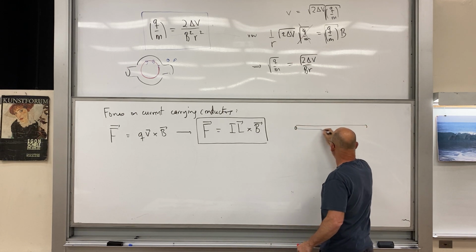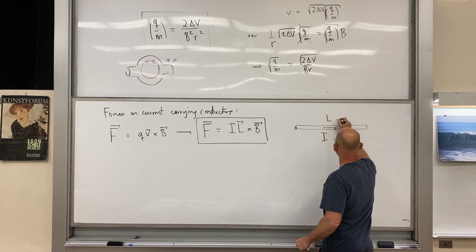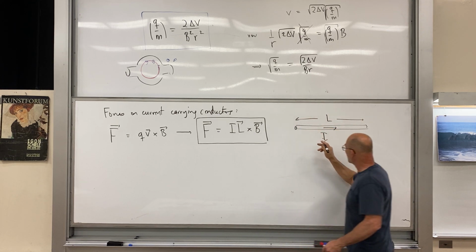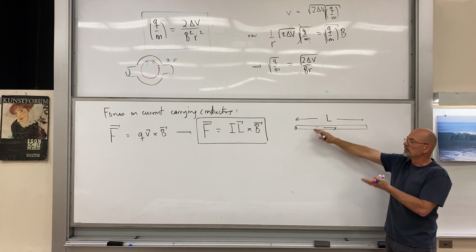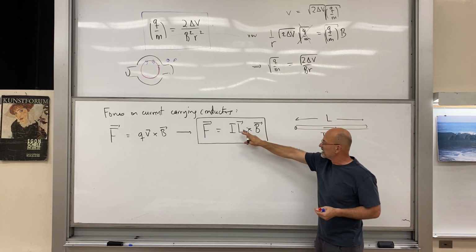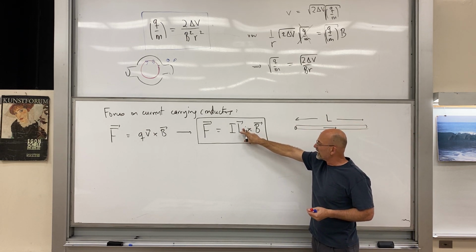So I'm talking about current and length, and because it's straight, I can associate the direction with L, and that's why I could put a vector over the L.